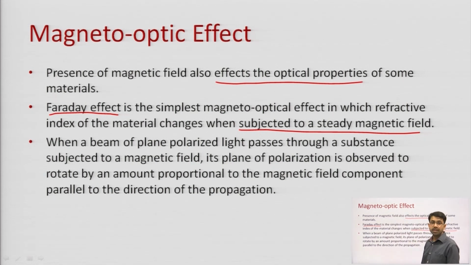So, again, when a beam of plane polarized light passes through a substance subjected to a magnetic field, its plane of polarization is observed to rotate by an amount proportional to the magnetic field component parallel to the direction of propagation.